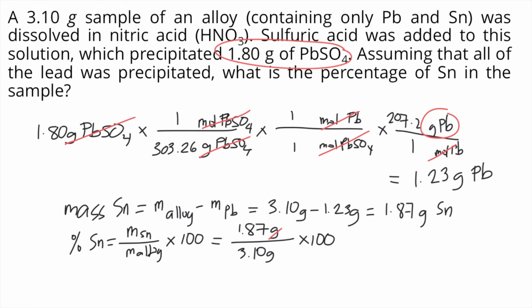So the grams cancel out. So 1.87 divided by 3.10 times 100, you will get approximately 60.3, and this is your percent of tin. So this is the answer to the question.